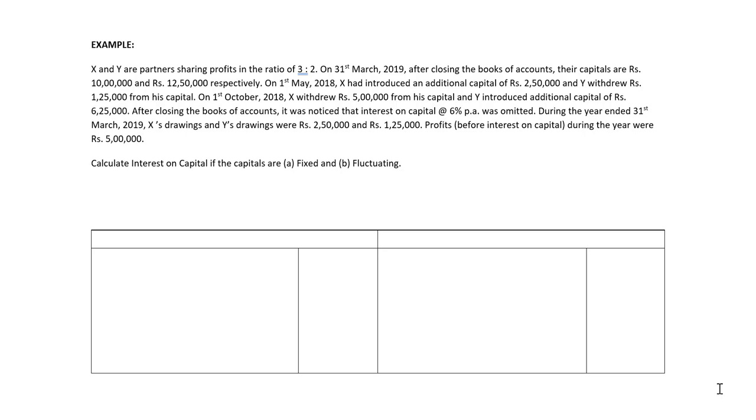During the year ended 31st March 2019, X's drawings and Y's drawings were rupees 2 lakh 50,000 and rupees 1 lakh 25,000. The profits before the interest on capital during the year was rupees 5 lakh. Calculate the interest on capital if the capitals are: case A fixed and case B fluctuating.